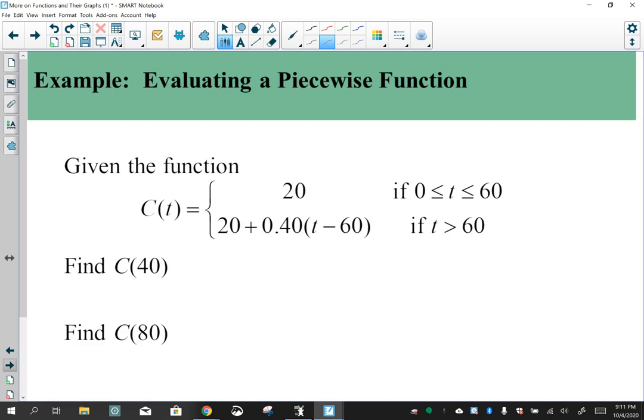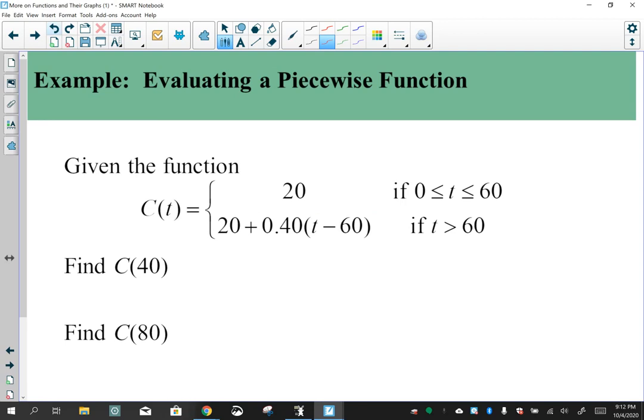You have boundaries in your piecewise function. So this tells you your boundary. And if the value that you're looking at fits this boundary, then you'll use this equation. This boundary here is the other one because this is a piecewise. So if your number is greater than that 60, then you use this equation to evaluate.